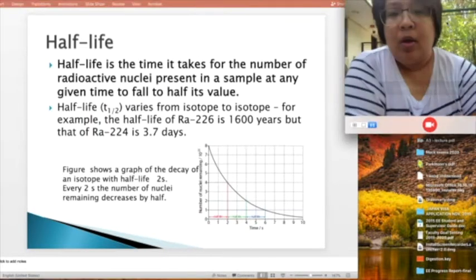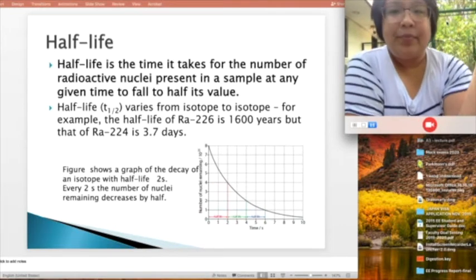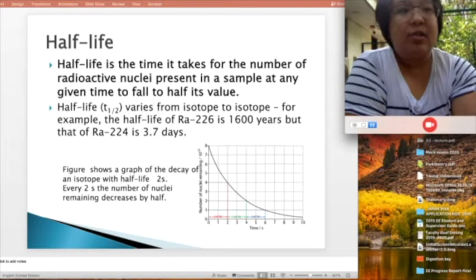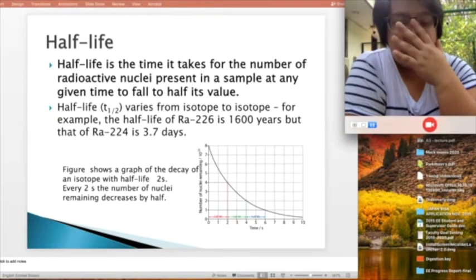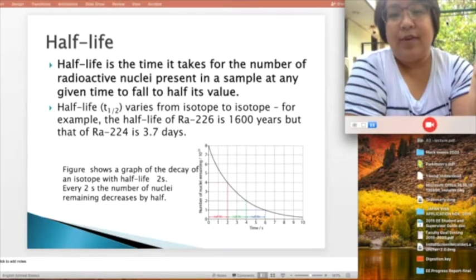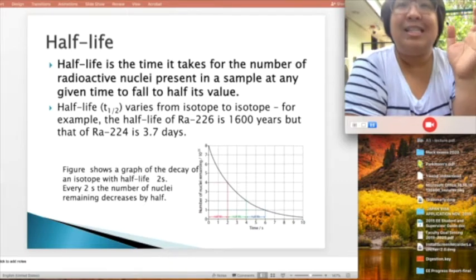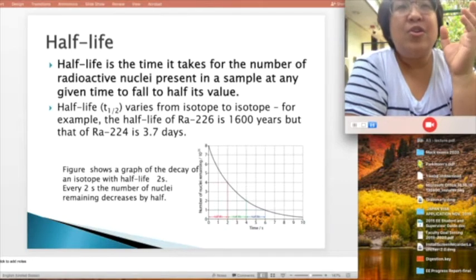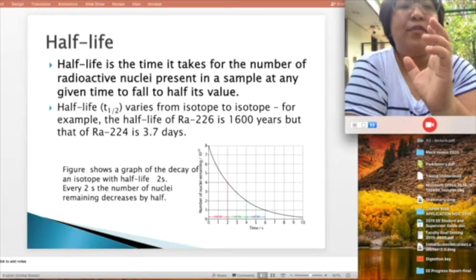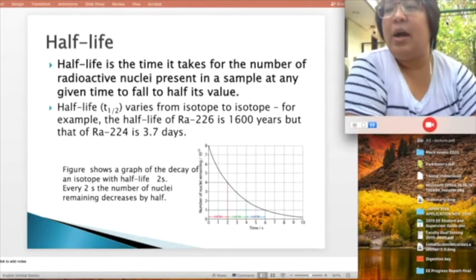Now, when radioactive isotopes decay, it means over time there's less and less of that original isotope. We have a concept called a half-life. A half-life is basically how long it takes for your radioisotope to become half of its original amount. Half-life varies from isotope to isotope.